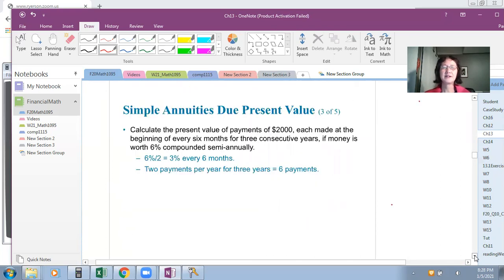Now let's look at an example. Calculate the present value of payments of 2,000 each made at the beginning of every 6 months for 3 consecutive years if money is worth 6% compounded semi-annually. So the question asks, what is the present value, PV? 2,000 is PMT.